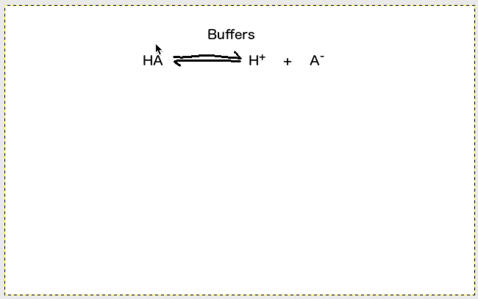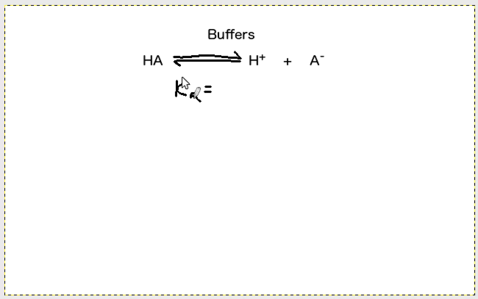Now, how do we know how often weak acids are going to dissociate to form H+? Well, we know that each weak acid has a Ka associated with it, and that equilibrium constant really defines how often that H+ dissociates. Now, what's the Ka for this general weak acid?